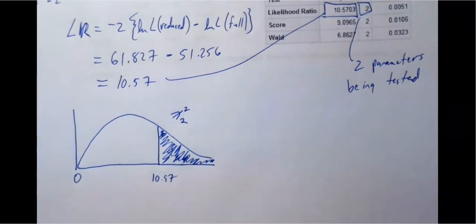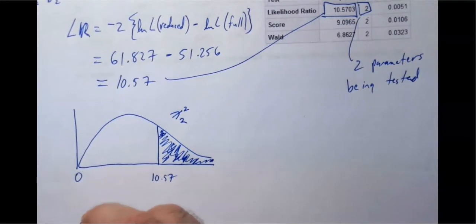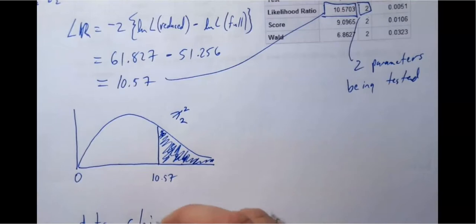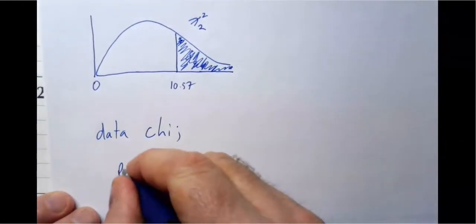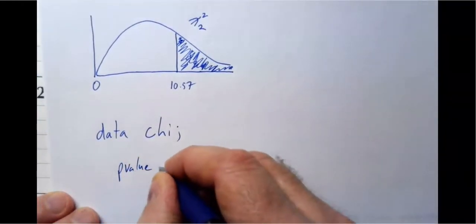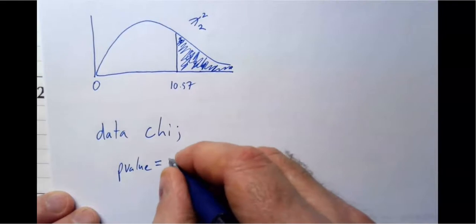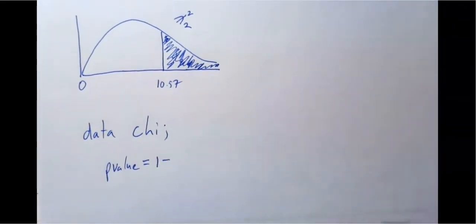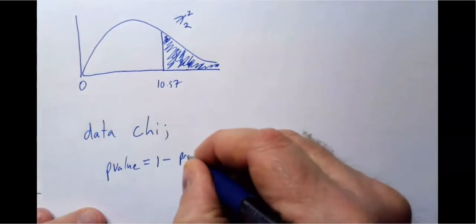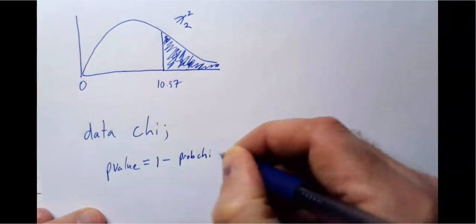If I wanted to calculate that p-value, I could say data chi, p-value equals 1 minus, there's a prob t, a prob f, there's also a prob chi.